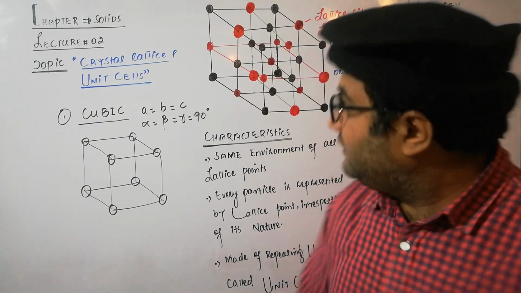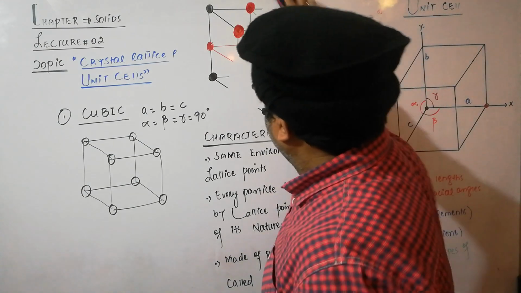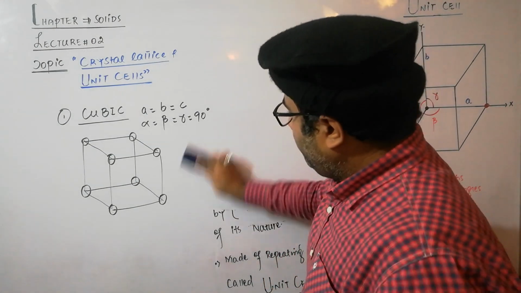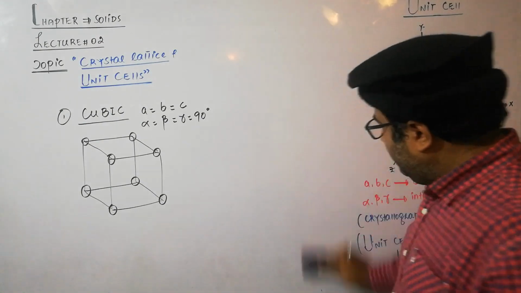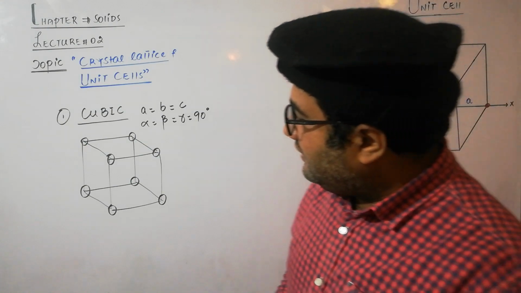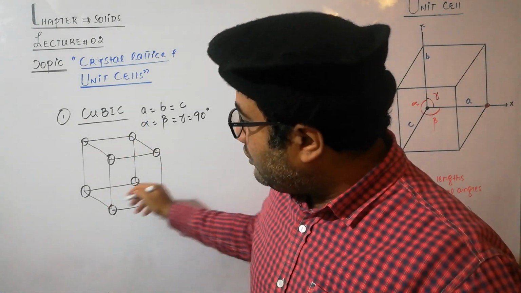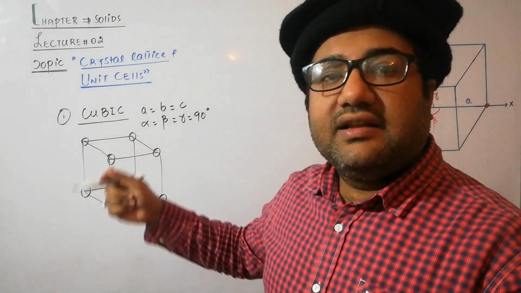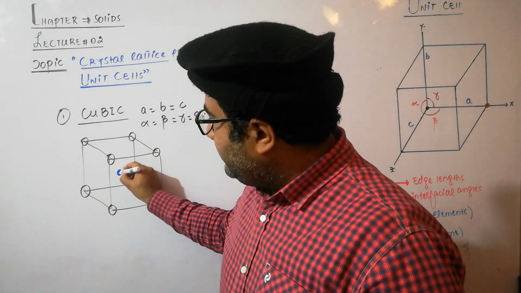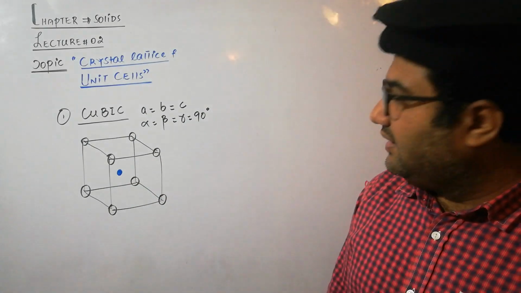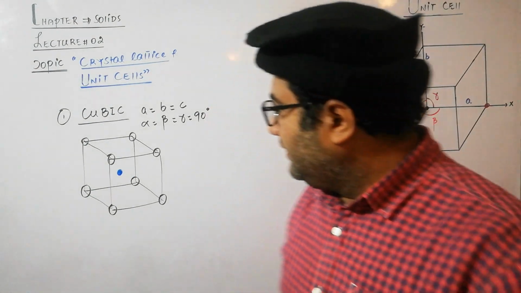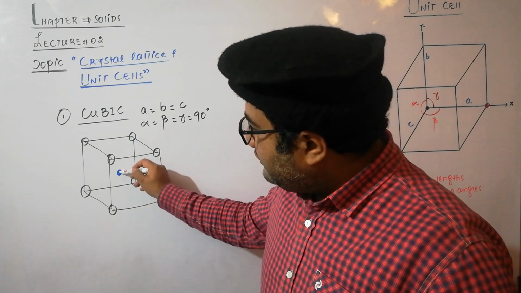The next type of cube has lattice points at eight corners, but another lattice point is present at the center of the body. This is called the body centered cube, and all these points are connected to this center.